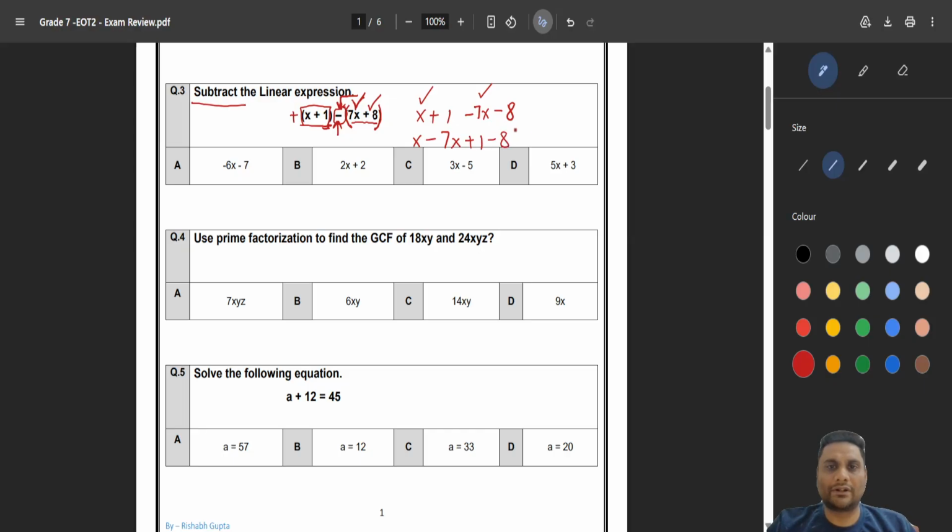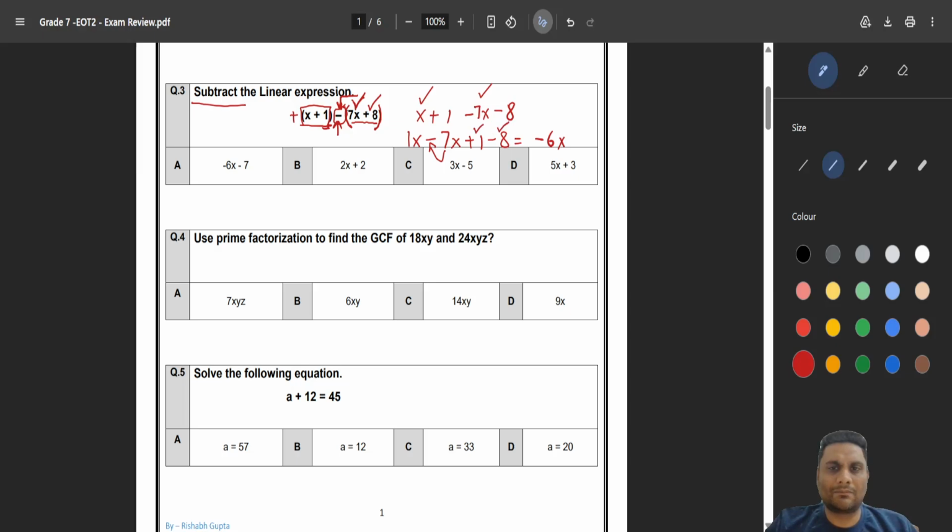Okay, now let us solve this. See, with the x there is no number, right? If there is no number with the x, that means there is 1. So 1 minus 7 is 6x. But I told you we take the sign of the bigger number. In 1 and 7, 7 is bigger, it has minus, so I will put minus here.